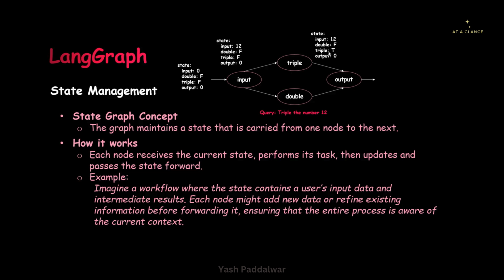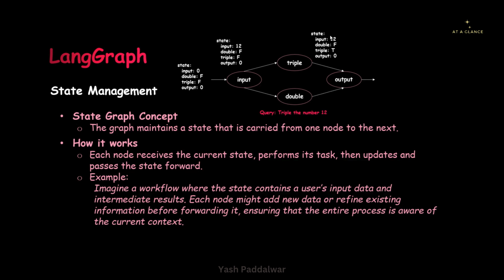Since triple is set to true, when the flow goes forward, the output node will understand that it has to triple because the flag is set to true. Whatever the input is and whichever flag is set to true, it will use these two and simply execute.